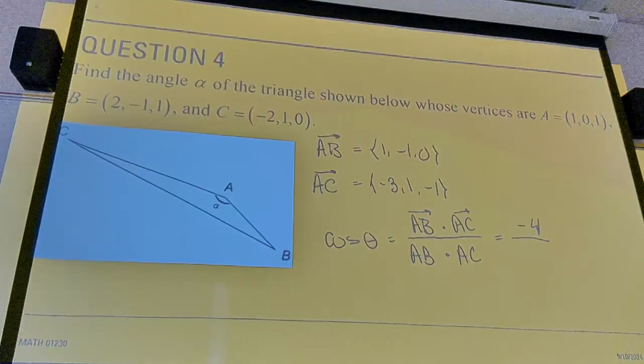What do you get as the product of magnitudes? So what's the magnitude of AB? What's the magnitude of AC? What's their product?